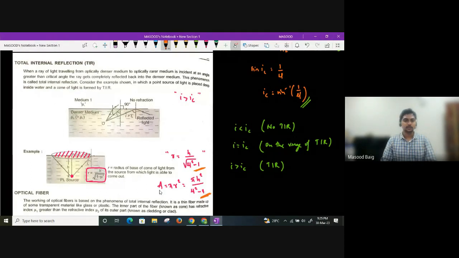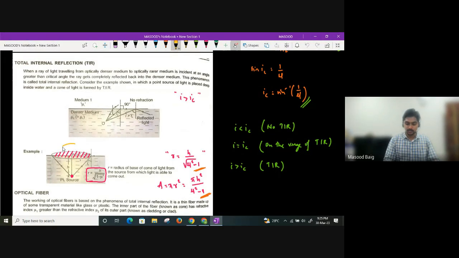This is the maximum area through which the fish or the observer can view the outside world. If I have to block their vision, I need to place some disc-shaped object. So what is the maximum radius of the disk or minimum radius of the disk? Not maximum radius, minimum radius. The minimum radius of the disk should definitely be this much, guys. Suppose I take a disk which has less radius, will I be able to block the vision?